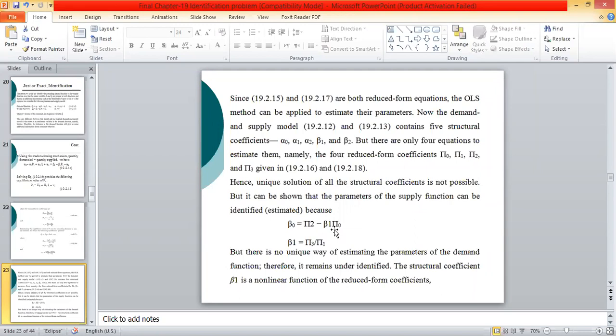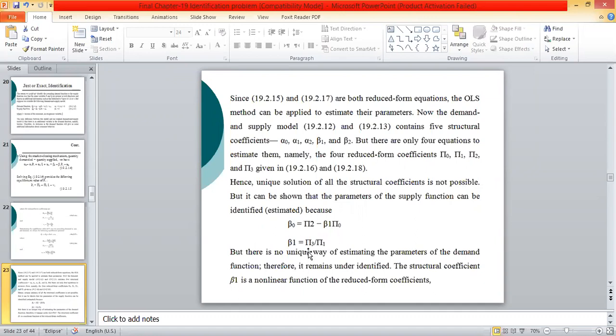We get the numerical estimates of pi naught, pi 1, pi 2, and pi 3. So when we have these numerical estimates, we use these estimated coefficients to obtain the numerical values of the structural parameters.